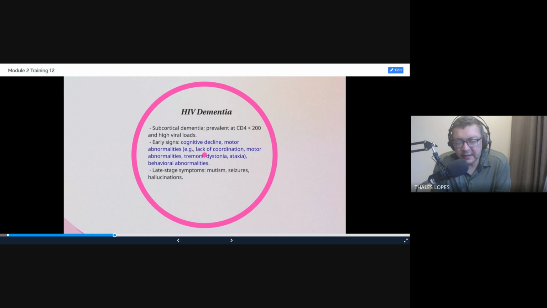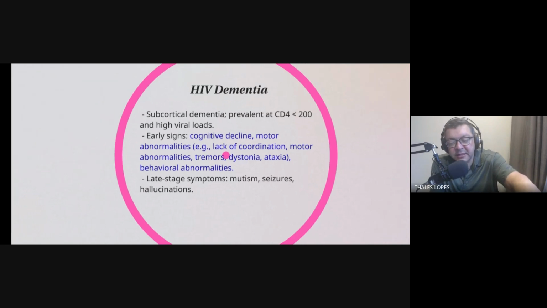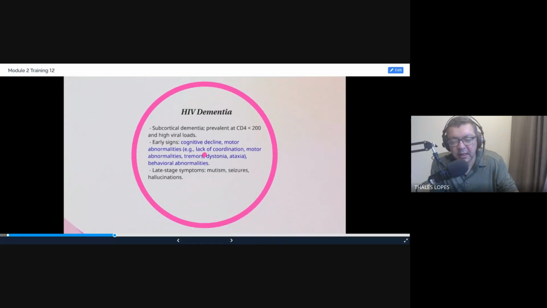So early signs: cognitive decline, motor abnormalities, lack of coordination, tremors, dystonia, ataxia, behavior abnormalities. Late symptoms can even go to mutism, seizures, and hallucinations. Okay.